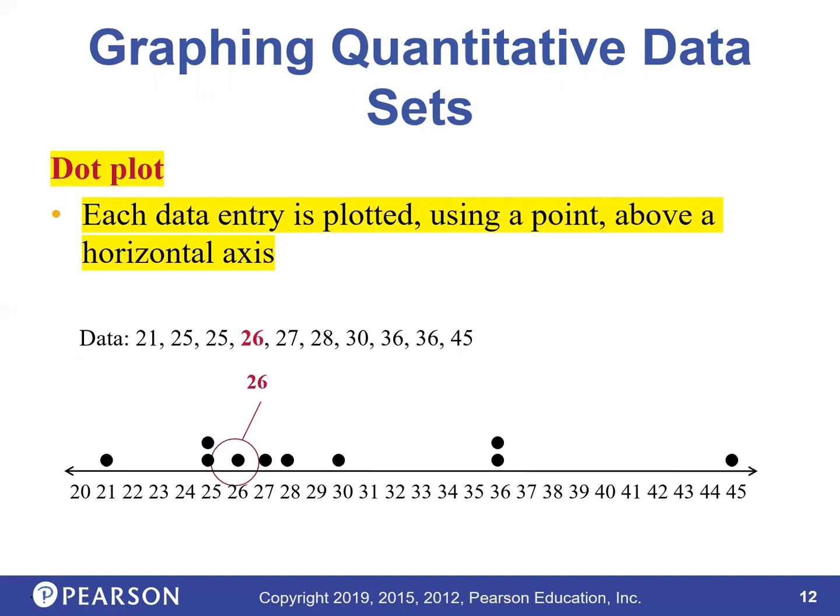So we put an interval out there somewhere, going from highest to lowest, and then we just put dots. And if it's repeated, then we put 2 dots, and we just keep on for those.